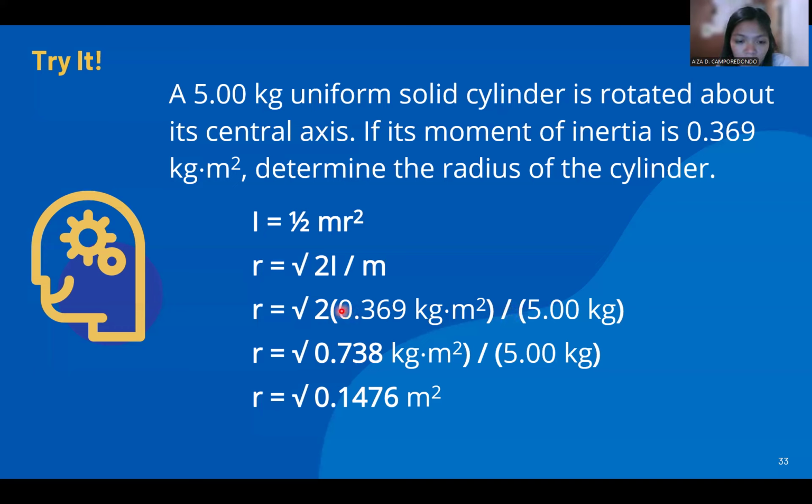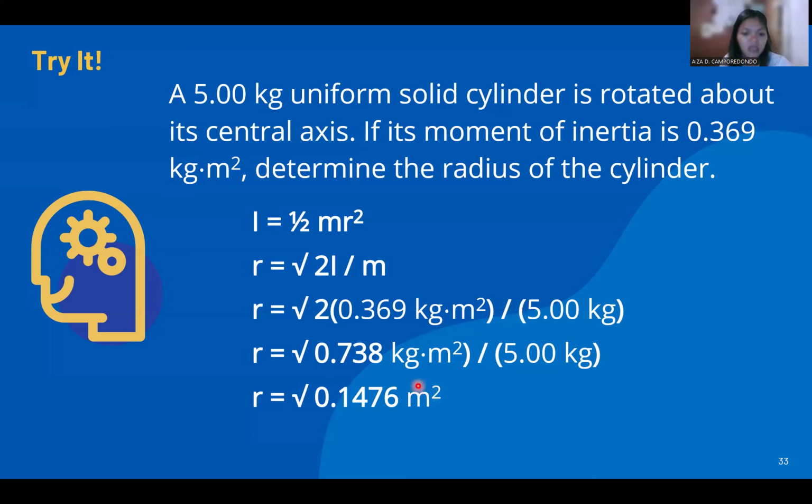We're going to multiply this one. That will leave us with 0.738 kilogram meter squared. And then we're going to divide this one. So kilogram is being crossed out, and that leaves us with 0.1476 meters squared.